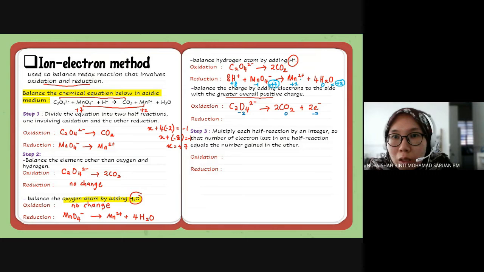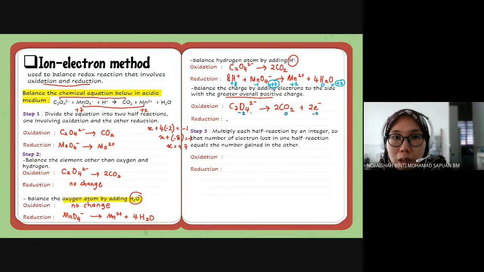Okay, so yang mana lebih besar? So left side lebih besar, charge positive dia lebih besar. So you kena tambah elektron di sebelah kiri. So berapa banyak tu depends on the difference between charge. So sini positive 7, yang sini positive 2. So difference dia adalah 5. So that you need to add 5 electron at the left side.